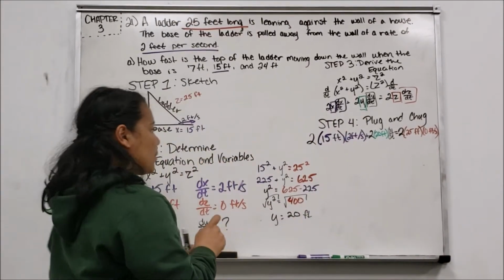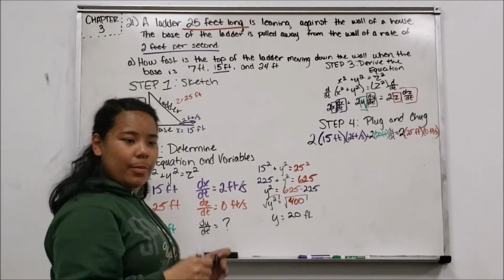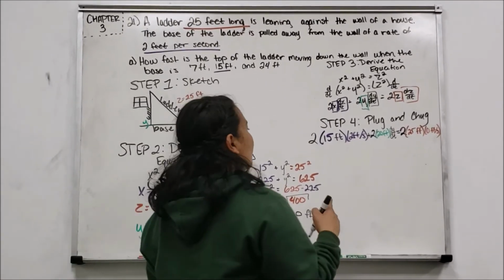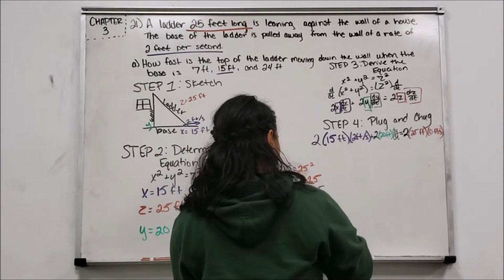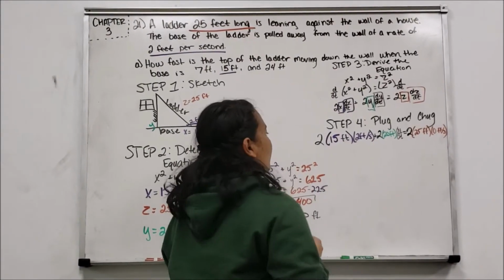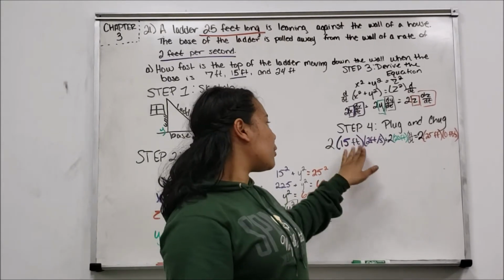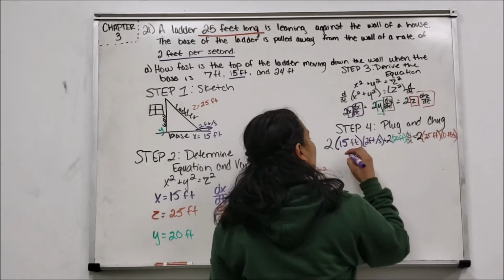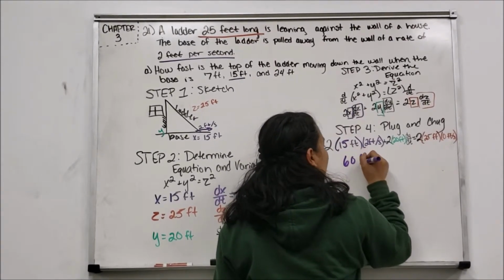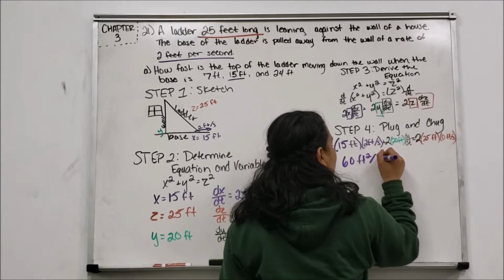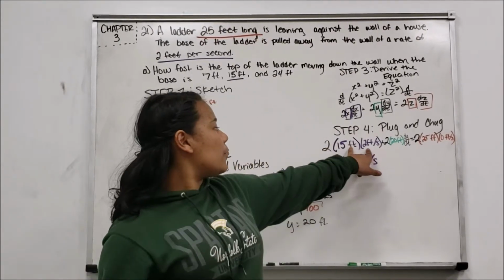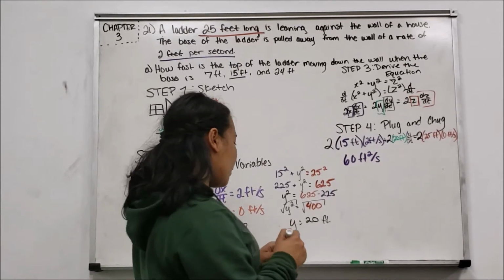Okay, now it's time to multiply these out. We have 15 times 2, which is 30, and 30 times 2 is 60. So it'll be 60 feet squared per second. And it's feet squared because we have 2 feet and we're tying those together.